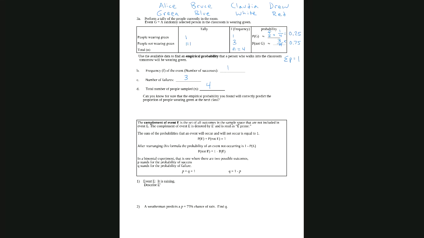Can you know for sure that the empirical probability we found will correctly predict the proportion of people wearing green at the next class? And so the answer to this, I hope is clear, is that it wouldn't be certain that next time we'll find a 25% chance of people wearing green. And just to give an example of that, right now, as I'm recording this video, it's March 13th.